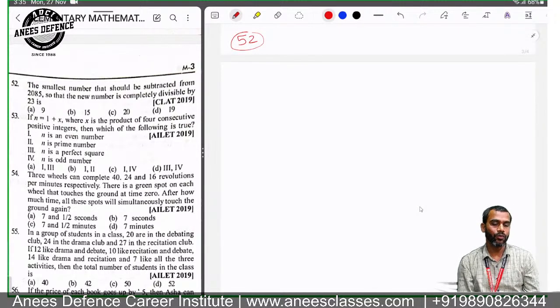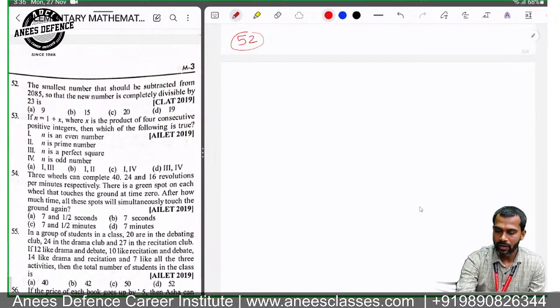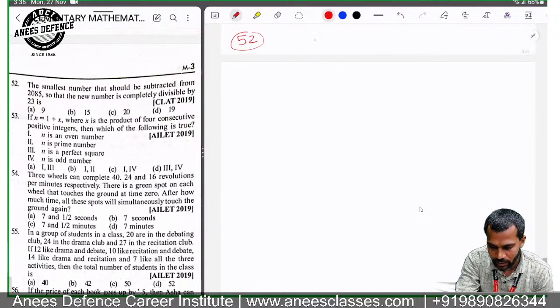Yes or no? So what we need to do? We need to just divide 2085 by 23. Whatever remainder you get, that would be your answer. I hope it is clear. Tell me, what is the remainder we are getting? 2085.